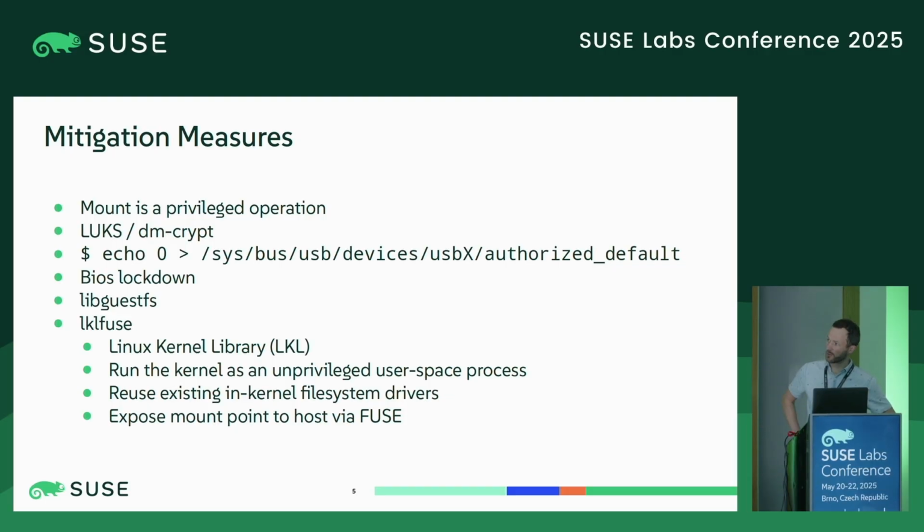We have LUKS dm-crypt, so that's great for your Linux systems, but if you want to share that with others, then obviously you need driver support on all of your systems, which often isn't the case. Another cool Linux kernel feature is this USB authorization.